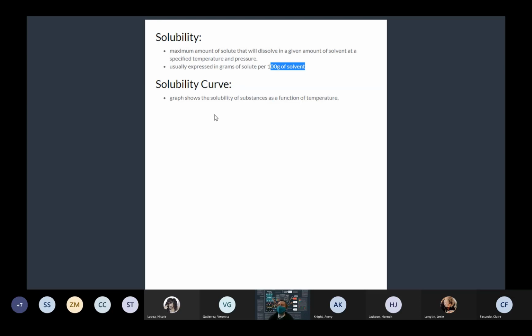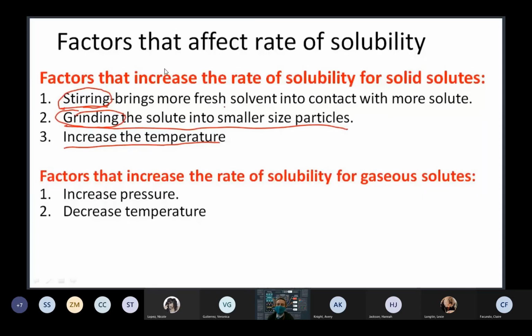It changes the math when we're dealing with the different units. We're not going to be doing much math today, but we will do more in the coming days. But just be careful about your units. If you have solid solutes, in order to dissolve better, you want to stir your substance or grind your solute into smaller particles.